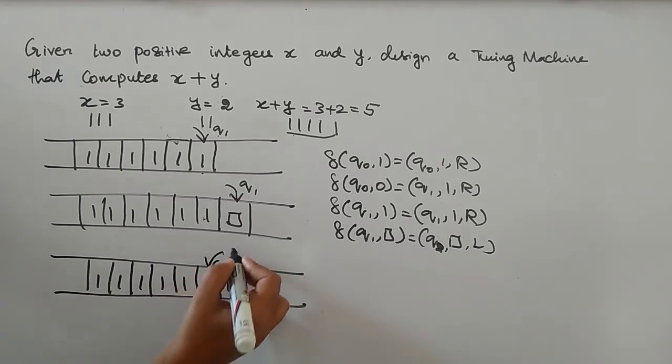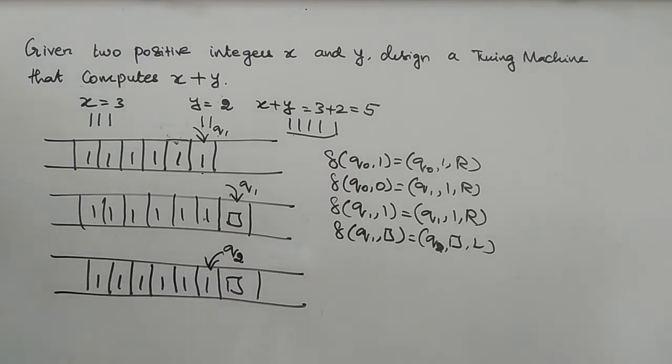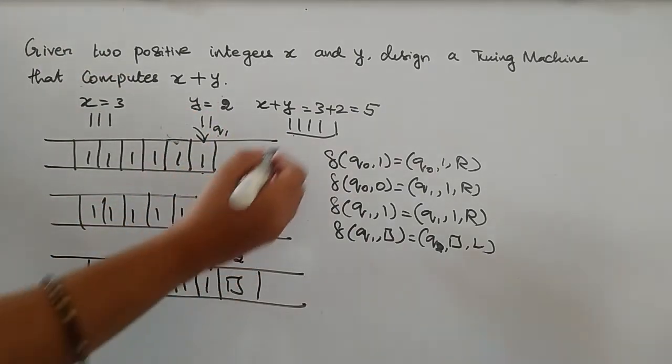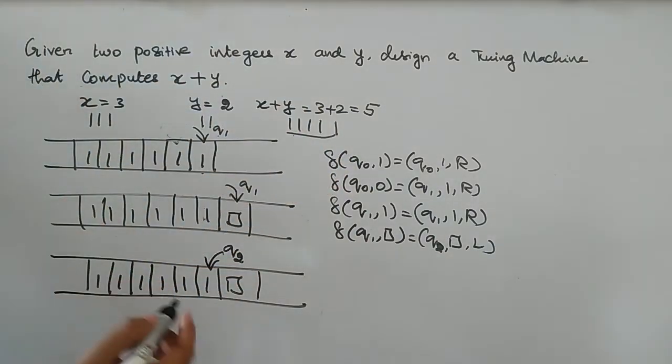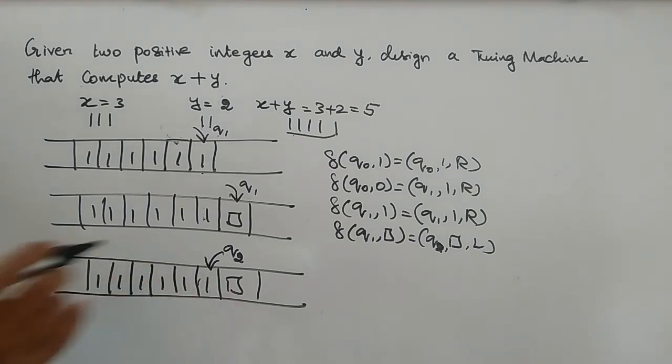And now the read write head is pointing to the last bit 1. So what we have already discussed here, we need only 5 ones. So it's mandatory to replace the symbol with 0.